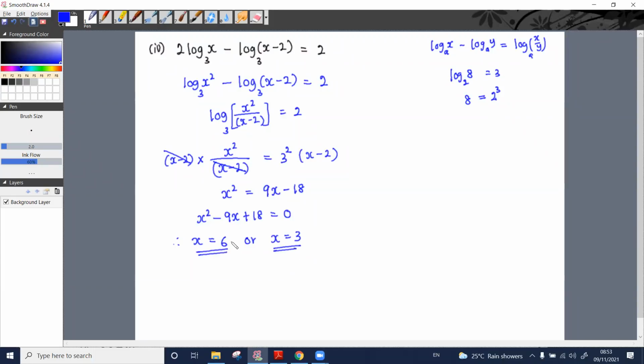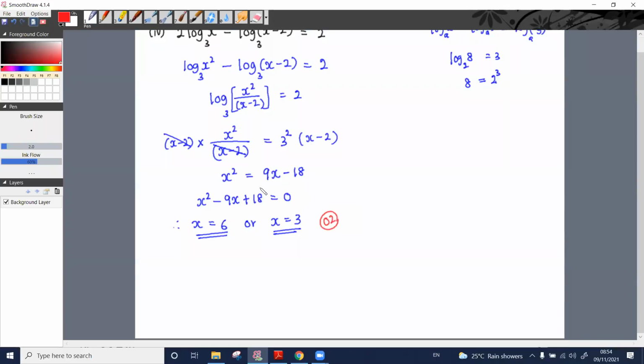These are the roots of x. Yes. If you got both these answers, then allocate 2 marks.